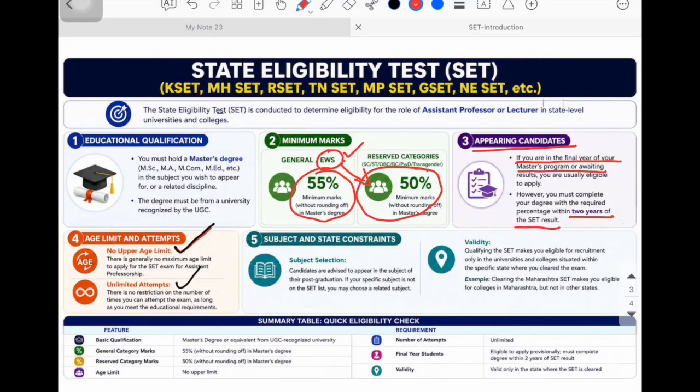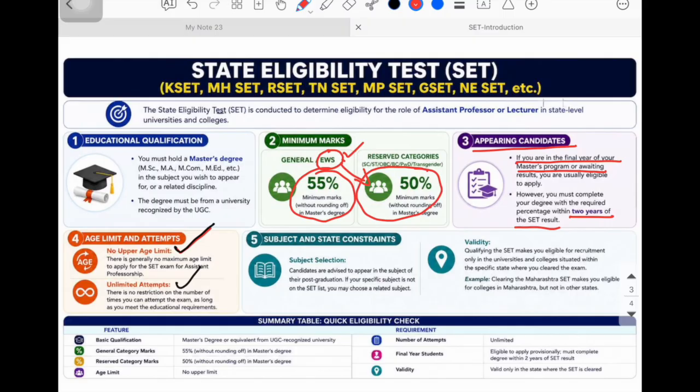And another point you must note: in some states you need not write any other examination after qualifying the state eligibility test. They directly take candidates from the SET result for assistant professor or lecturer posts.